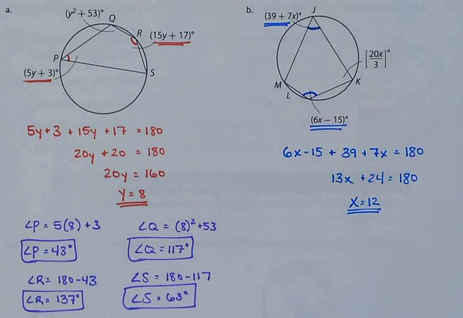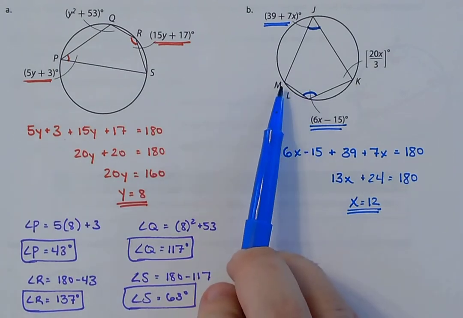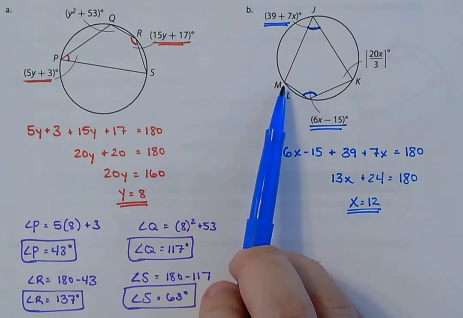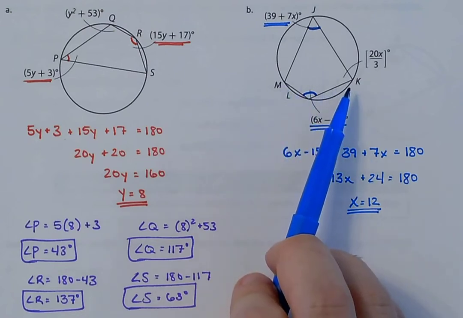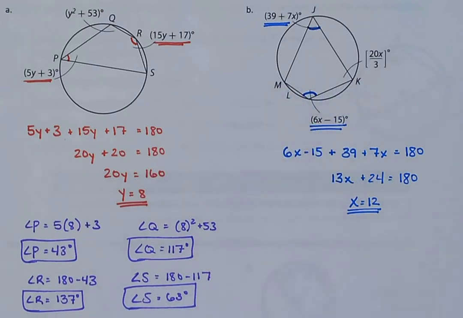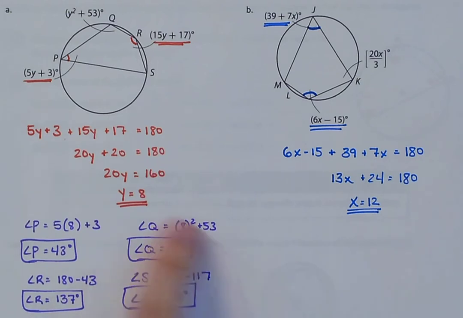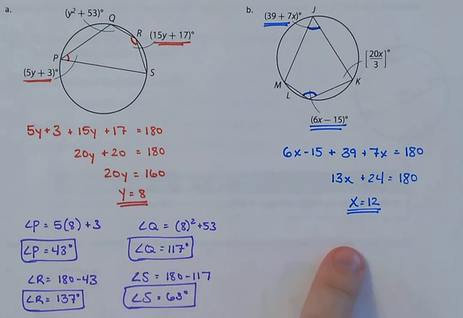That will tell you 3 out of the 4 angles you need to know. And then to figure out the measure of angle M, you just do 180 minus the measure of angle K. I'm not going to go through and do that for angles J, K, L, and M because I already did it for part A. I don't feel it's really necessary to do the same thing for part B.